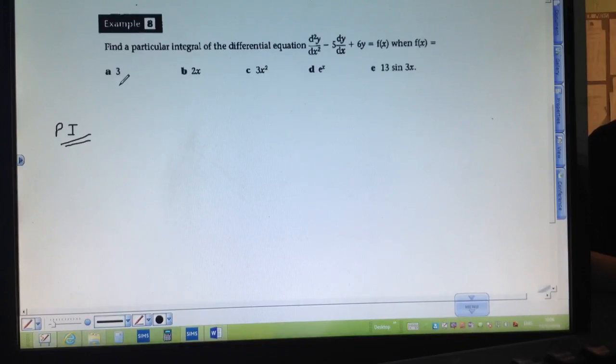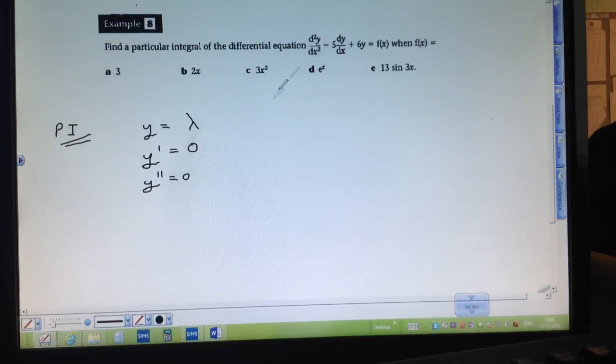So what we're saying is that we're going to try the function y is equal to a constant, lambda. That's the process. If it's a constant number here, you just try lambda. Y is lambda. You differentiate it to set up your differential equation with substitution. So y dash is equal to 0, y dash dash is equal to 0.